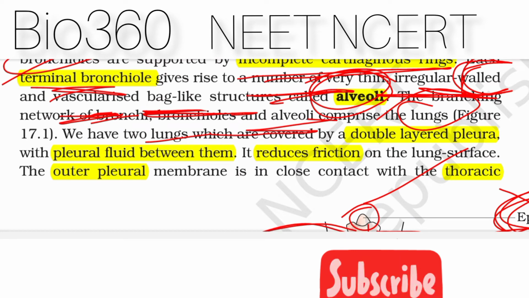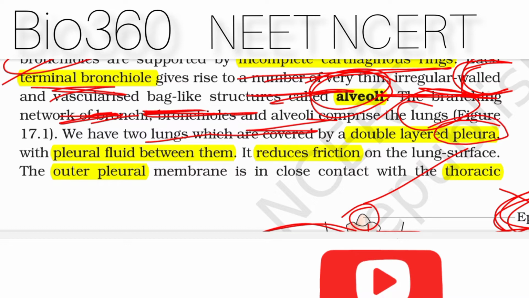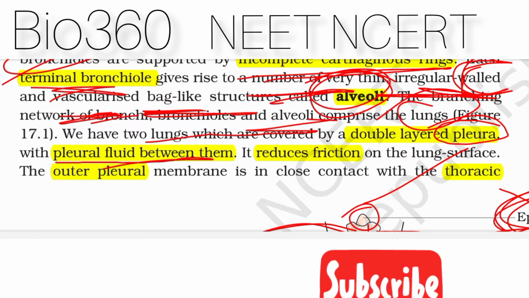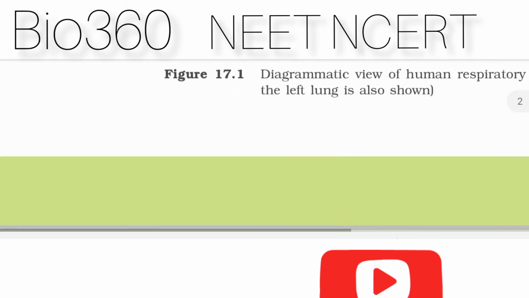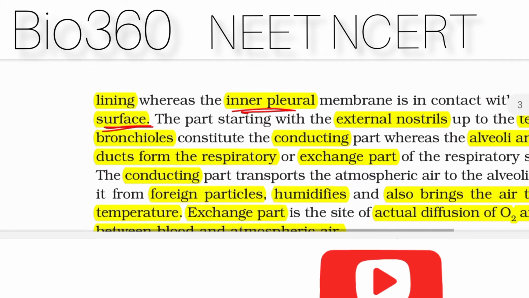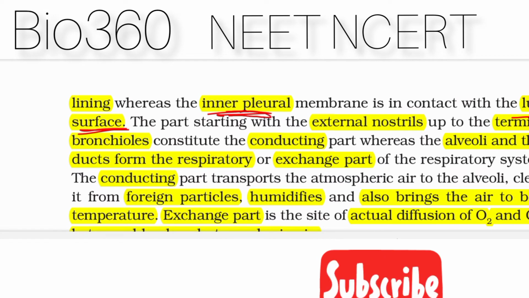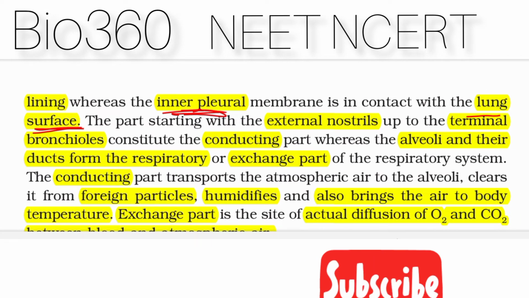Lungs are protected by a two-layered membrane known as pleura, which is filled with pleural fluid in between them. Its role is to reduce the friction on the lung surface. The outer membrane is in close contact with the thoracic lining, whereas the inner membrane is in close contact with the lung surface.